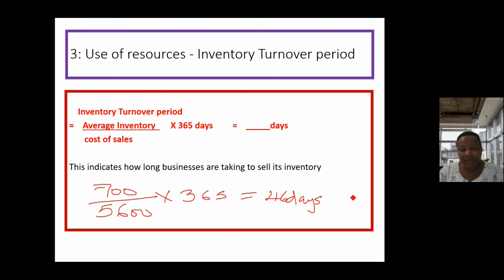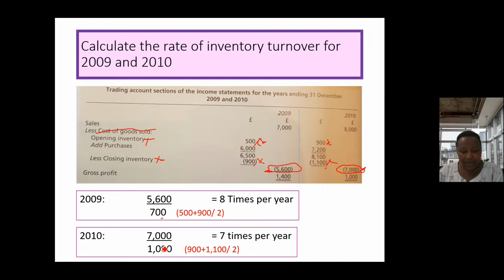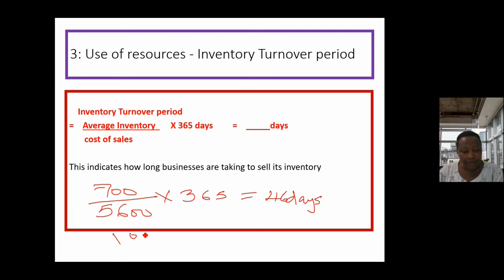So it takes us about a month and some days to be able to turn over our inventory. Whereas if we look at 2010, here we have 1,000 and 7,000. So if you do 1,000 divided by 7,000, multiply by 365 days, that gives us 52 days.